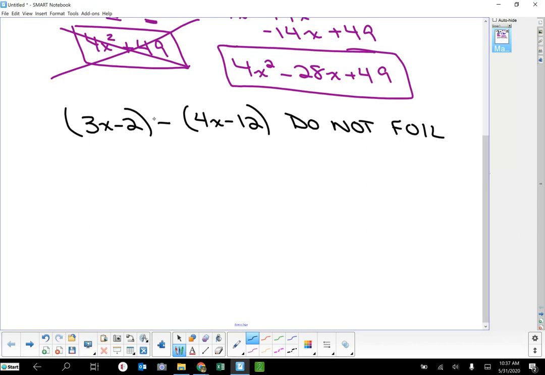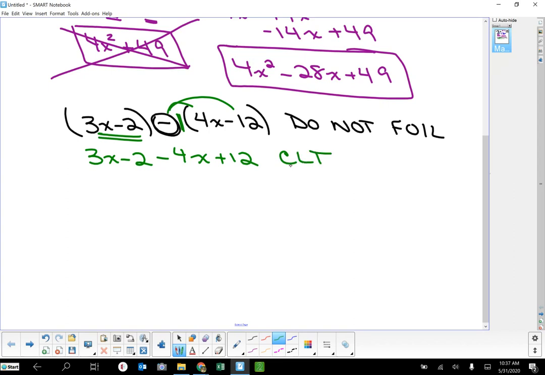You do not FOIL because of this minus sign in the middle. This becomes an addition and subtraction problem, right? There's a negative in here, and you would distribute that negative. Here you can just drop your parentheses off. So 3x minus 2 minus 4x plus 12, and then combine like terms. Okay, so this would be a negative x plus 10.